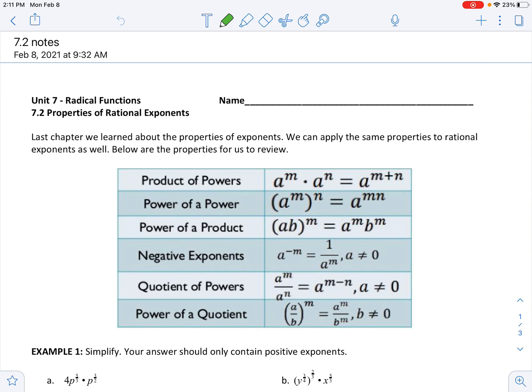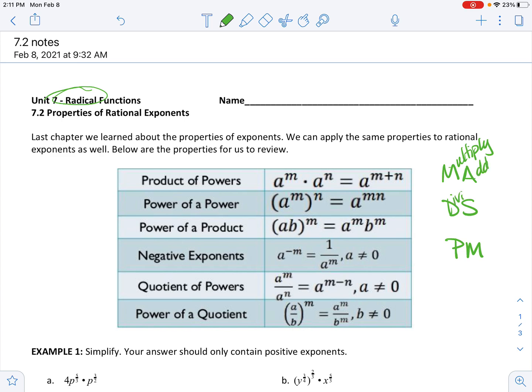Fabulous. All right, so we are starting our Unit 7, which is radical functions. Now, I have used these rules that are in the properties of exponents, and I use the policy MADSPASM. When we multiply coefficients and we add the exponents.